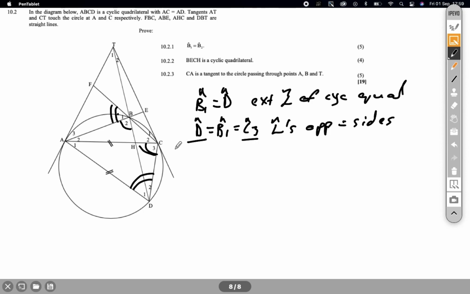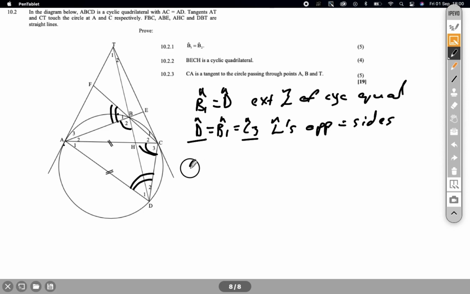So if you put your hands on A and D, put your two fingers there and go to C, and come from this side also and go to C, and then take your hands back to A and D and move to B, you would see that they are forming angles in the same segment.